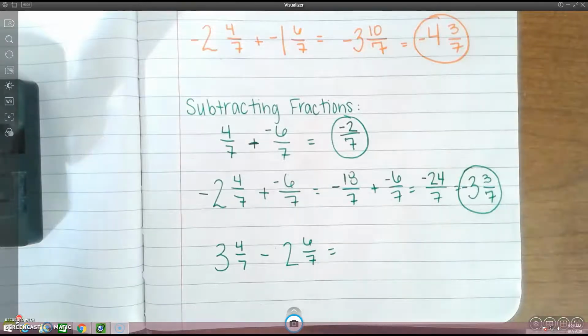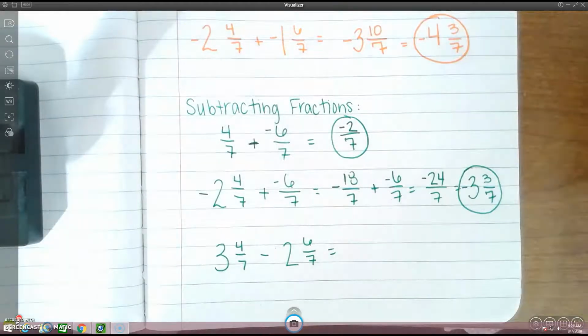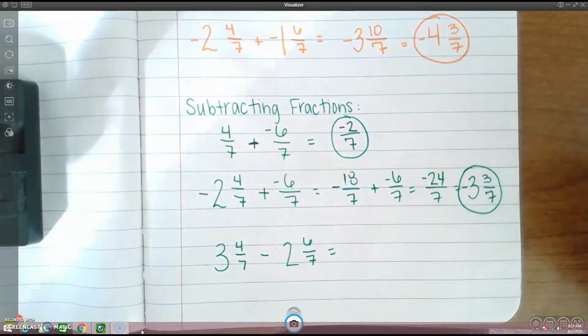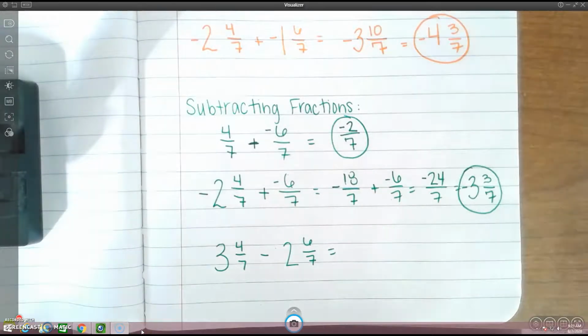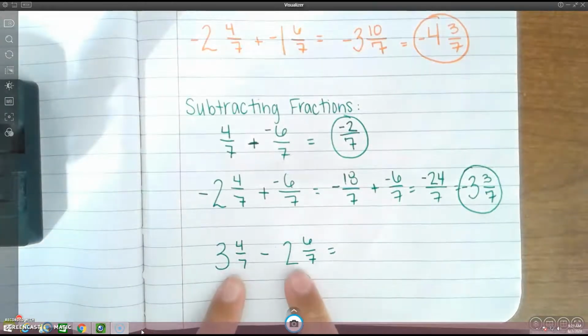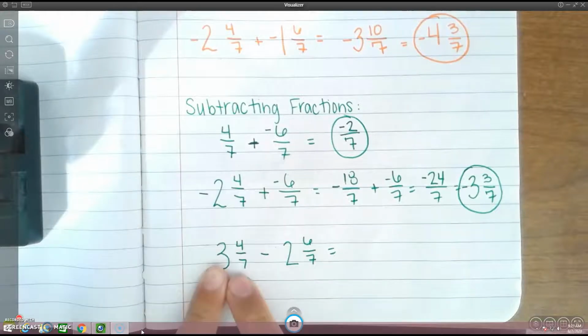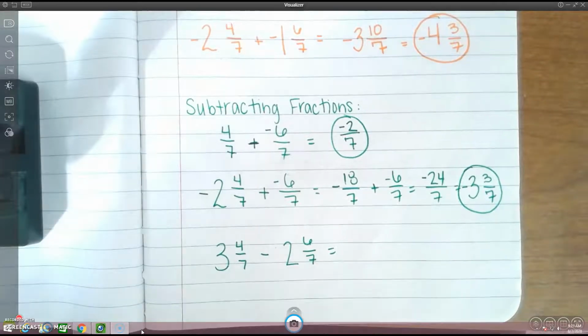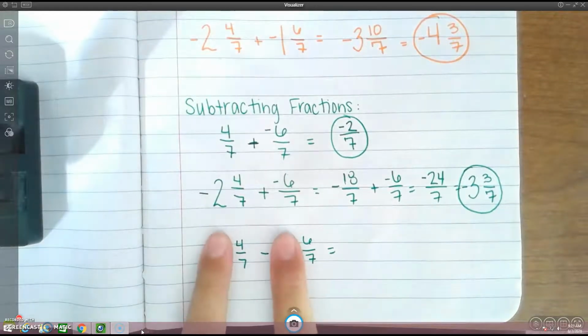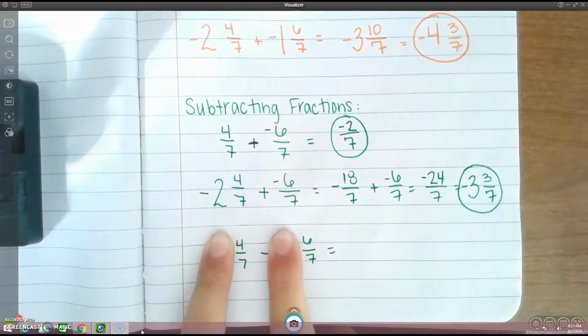Alright, and the last one, I made sure to put a subtraction with borrowing problem on here because we do need to review that. So if you guys remember subtraction with borrowing, we are just going to take 3 4/7 minus 2 6/7. Again though, you're going to start with the fractions itself. So if you were to take 4/7 minus 6/7, that will actually give us a negative answer.